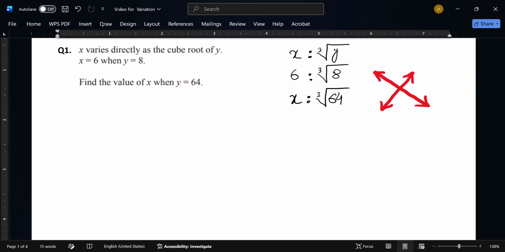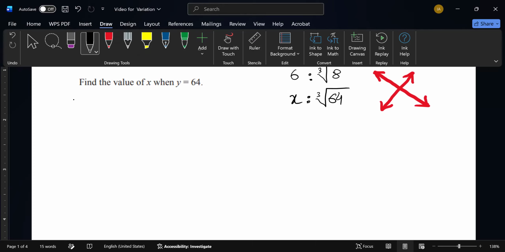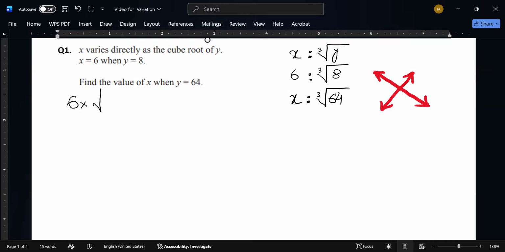Means 6 multiplied by the cube root of 64 and x multiplied by the cube root of 8. So the cube root of 64 will be 4 and the cube root of 8 is 2.